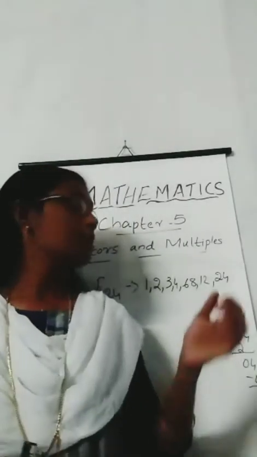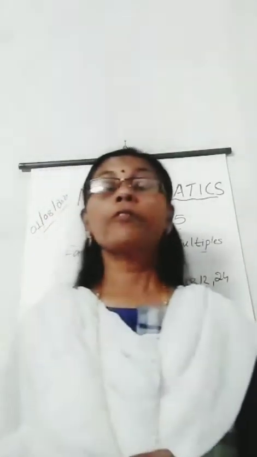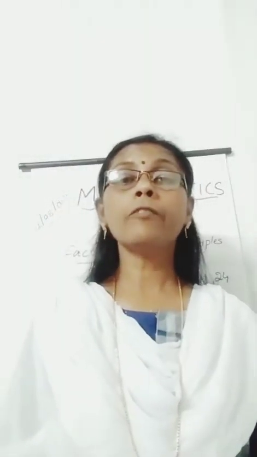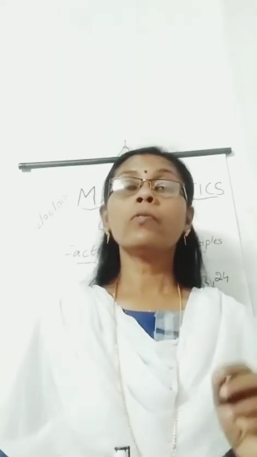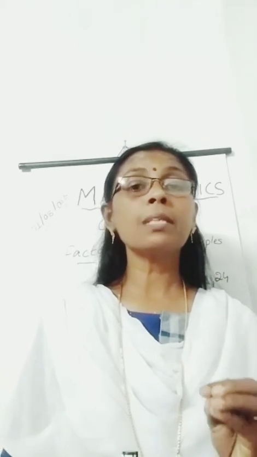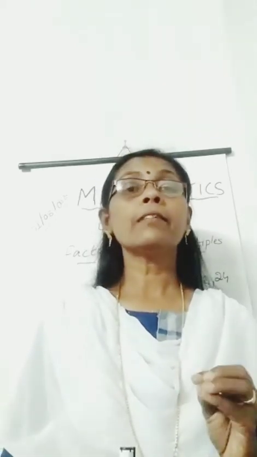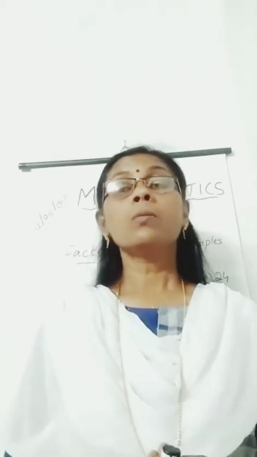Now, this is a tedious way of finding the factors of larger numbers. So we will learn some rules that help us in finding the factors. Those rules are known as divisibility rules.